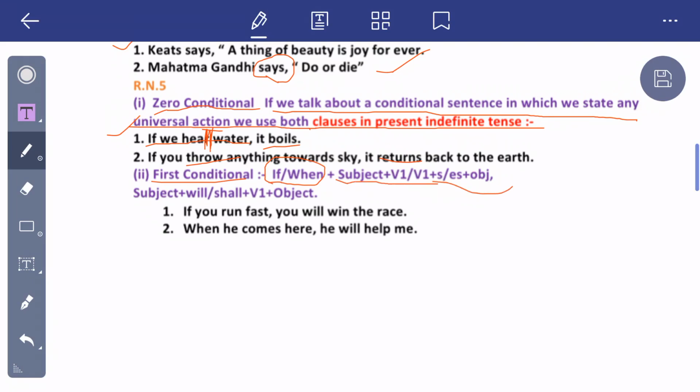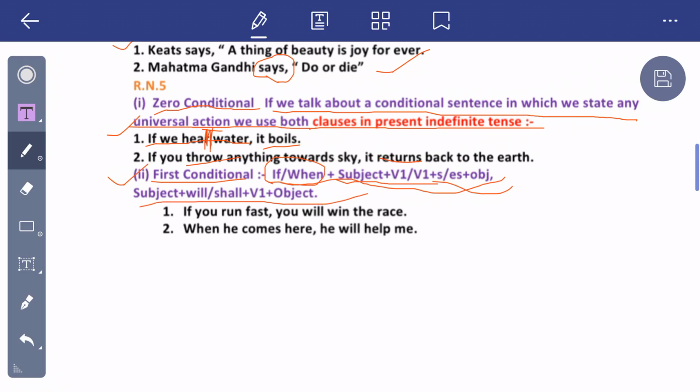It means in this conditional we are not talking about any kind of universal truth. If it were a universal truth, the concept would go to the zero conditional, but we are talking about the first conditional. So what is the structure? The if or when clause will be v1 plus s or es, which means present indefinite, and the second one will be in future indefinite tense.